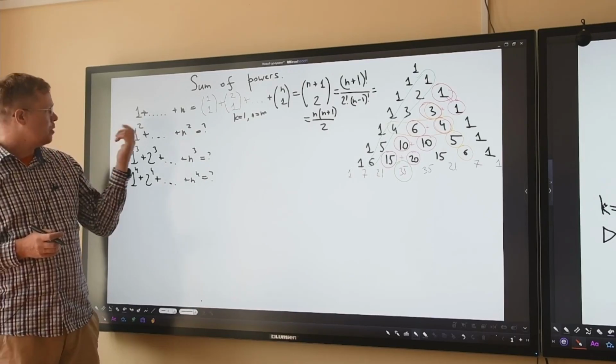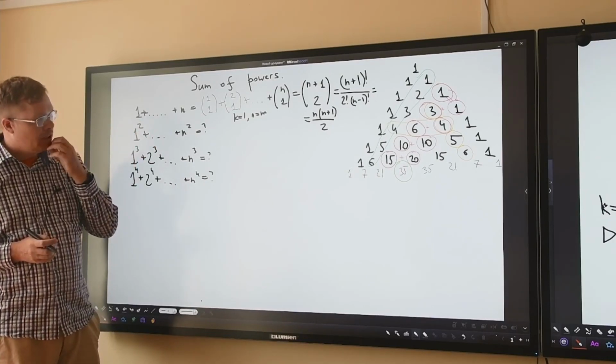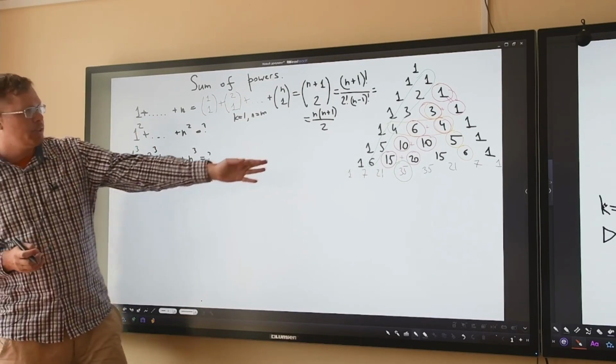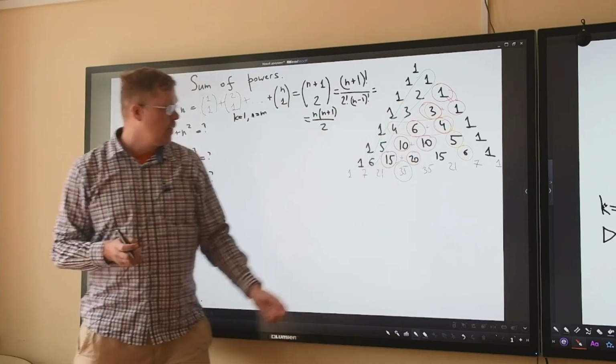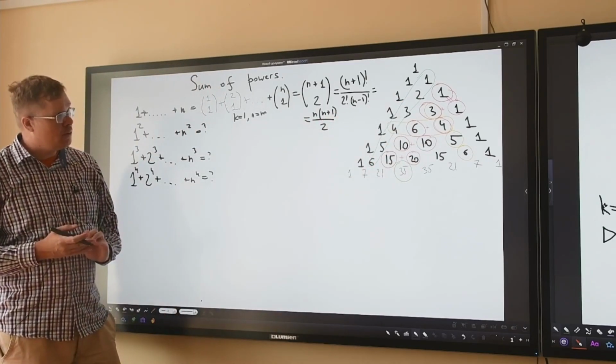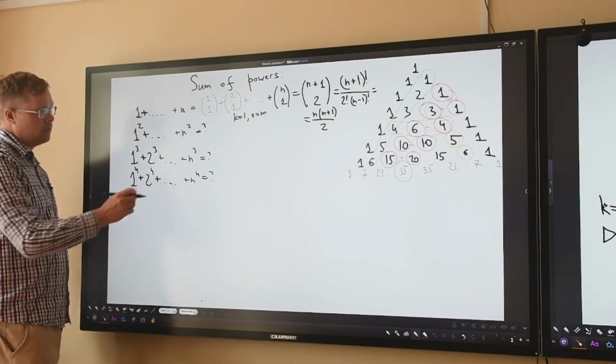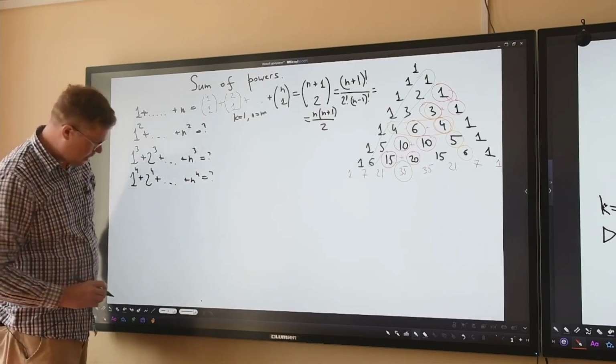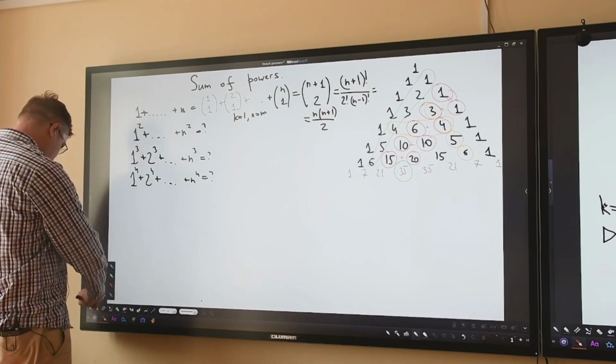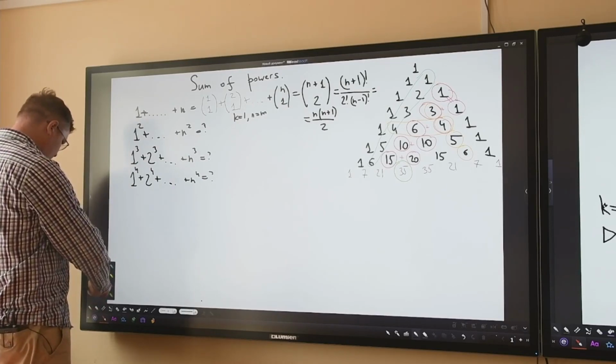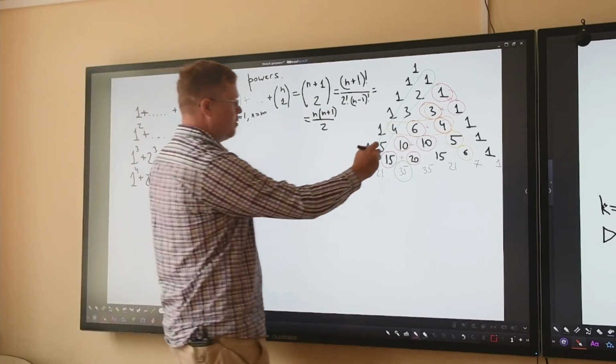So what if I want to calculate the sum of the squares? Here in Pascal's triangle, I don't have squares, but I have some numbers similar to squares if I look at the next diagonal, this one.